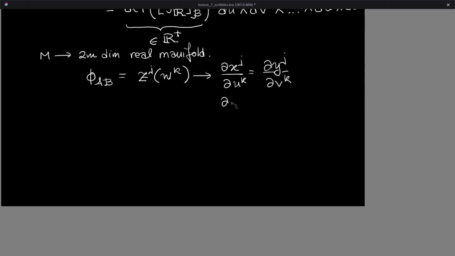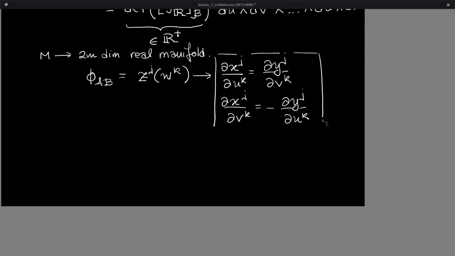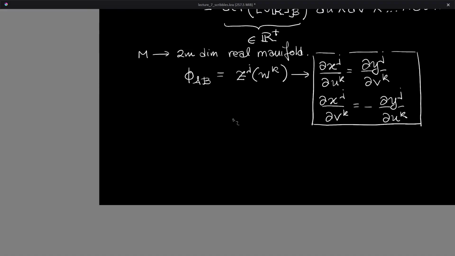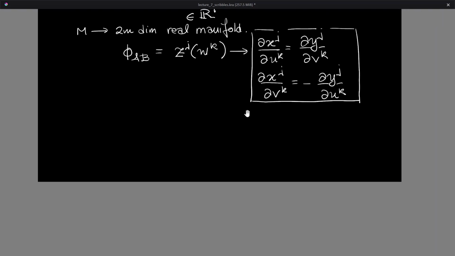And the other one, ∂x_j/∂v_k, is equal to the negative of ∂y_j/∂u_k. So these are the Cauchy-Riemann equations. You just have to think of z_j as a function of w_k, and then you'll get this. This is no funny business, just the original Cauchy-Riemann equations.